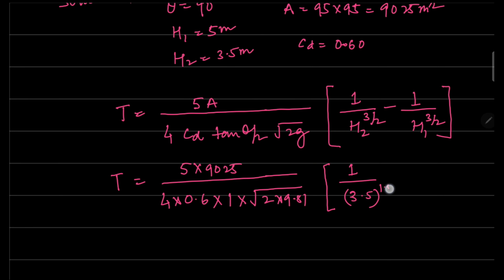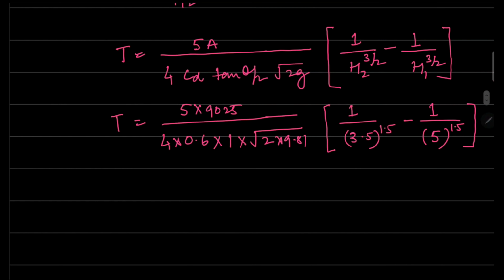So we can write it as 1.5, minus 1 over 5 raised to the power 1.5. So let's quickly solve this equation. The calculation gives this value as 268.78 seconds. So this is our answer.